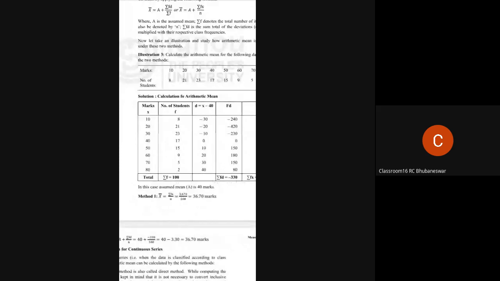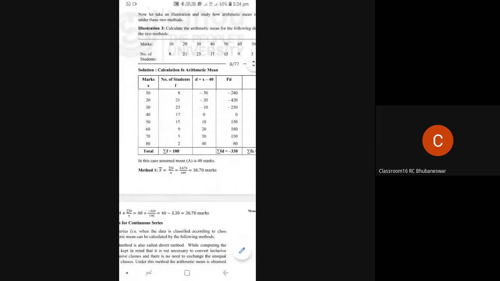Okay, this is the first method. The assumed mean is taken from marks. Let a equal 40. According to the first method, there is no need of an assumed mean, but there are two methods. First method, the assumed mean is not required. Second method, the assumed mean is required.